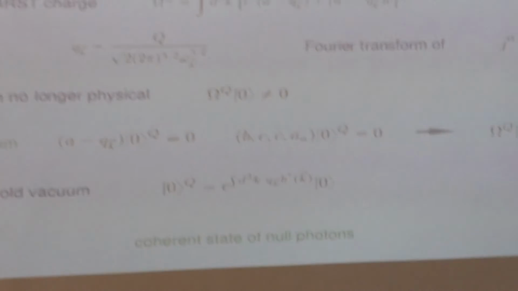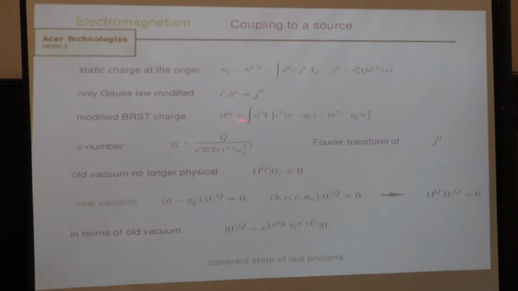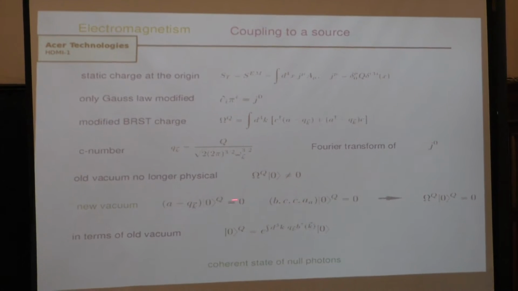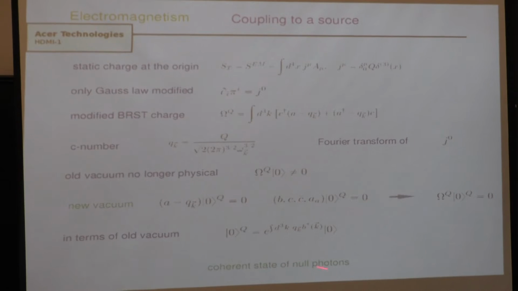So it turns out that when you try to understand what the Coulomb solution is in terms of the quantized degrees of freedom, you find that the Coulomb solution is really a coherent state of these null photons. It's a coherent state not of the physical photons, but of null photons.